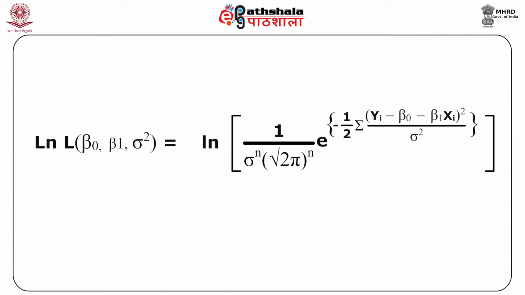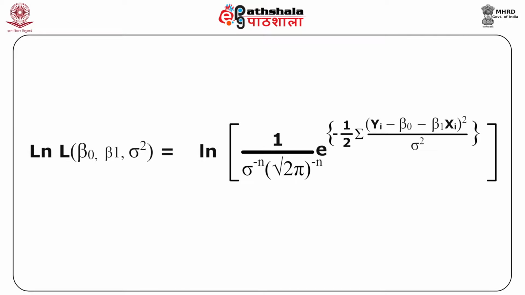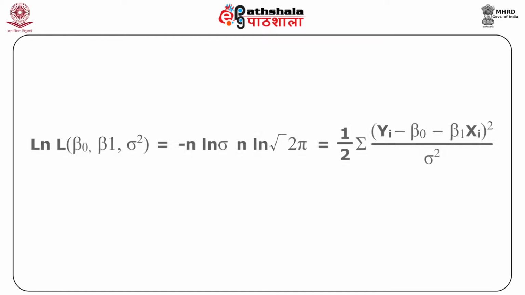Log L(beta naught, beta 1, sigma square) is equal to log of 1 divided by sigma to the power n root 2 pi to the power n e to the power minus half sigma (yi minus beta naught minus beta 1 xi) whole square divided by sigma square, which is equal to minus n log sigma minus n log root 2 pi minus half sigma (yi minus beta naught minus beta 1 xi) whole square divided by sigma square.